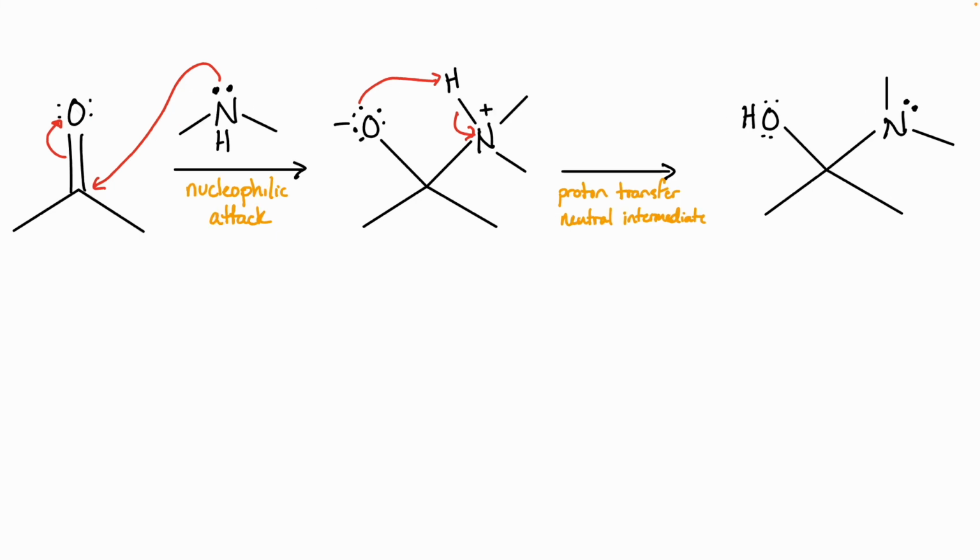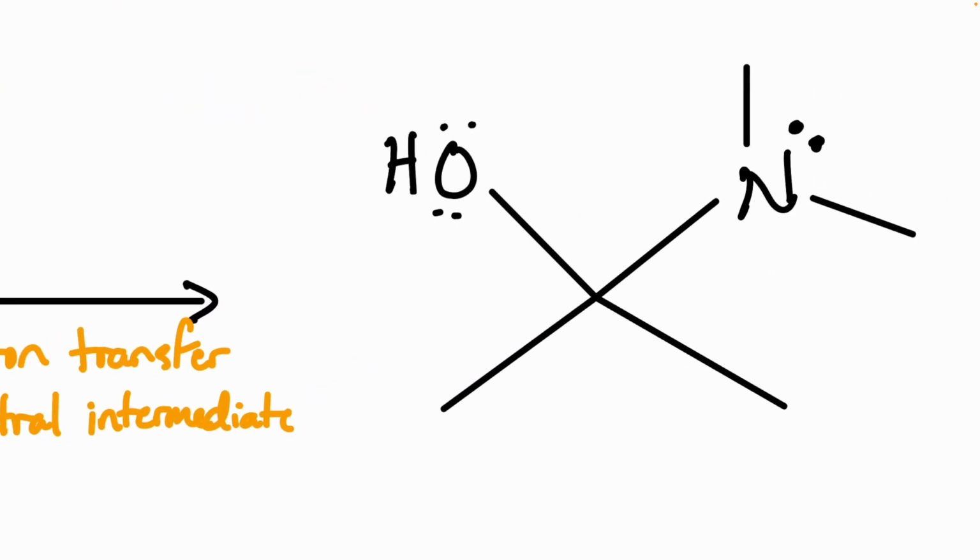Okay? And if we look at this thing here, this is kind of what we would expect our product to be based on all the other nucleophilic addition reactions that we talked about.